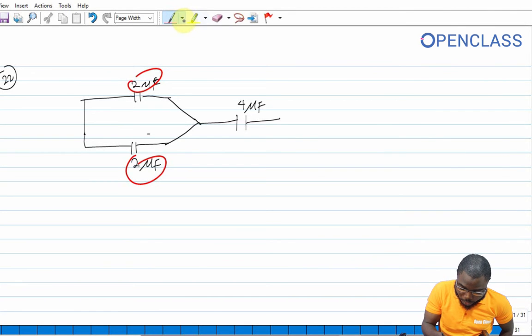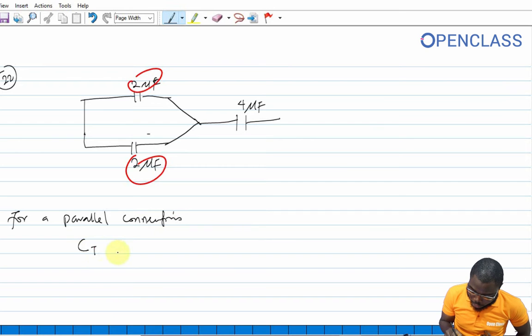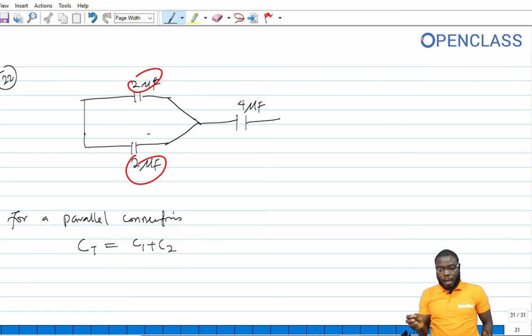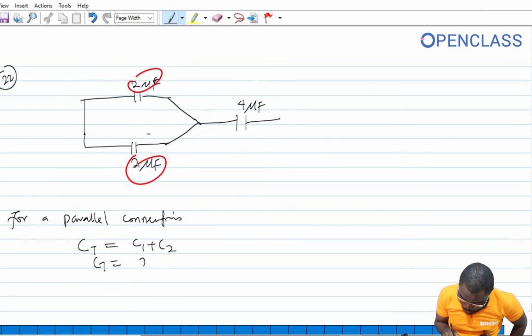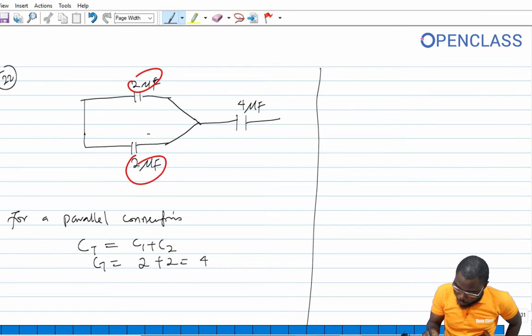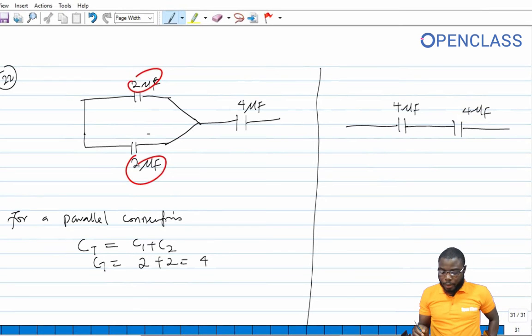For a parallel connection, the equivalent capacitance is equal to C1 plus C2 plus C3 plus C4, depending on how many capacitors we have. So here the equivalent capacitance would be equal to 2 plus 2, which is 4. Now this gives us an arrangement with 4 microfarad, and then the original 4 microfarad. Both of them are now in series.